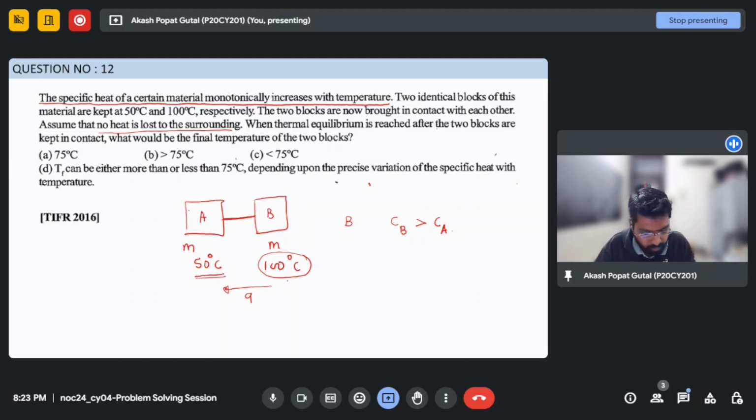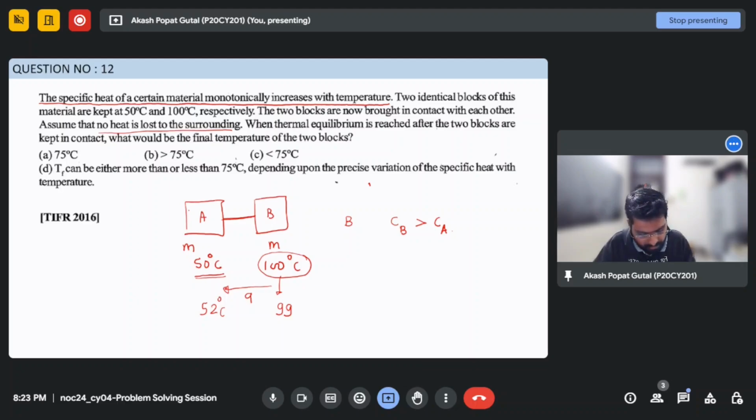In the sense, suppose a 1 degree decrease happens in block B, it may increase the temperature of A by 2 degrees, because the specific heat of B, CB, is greater than A.